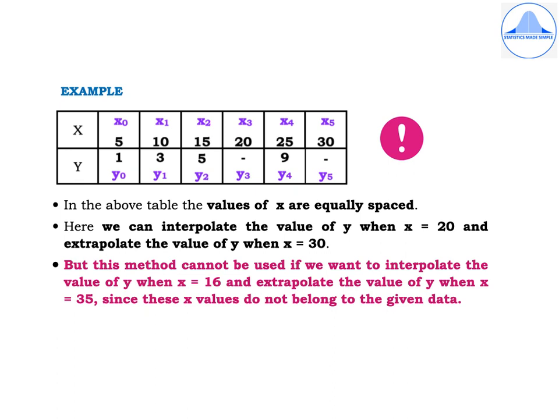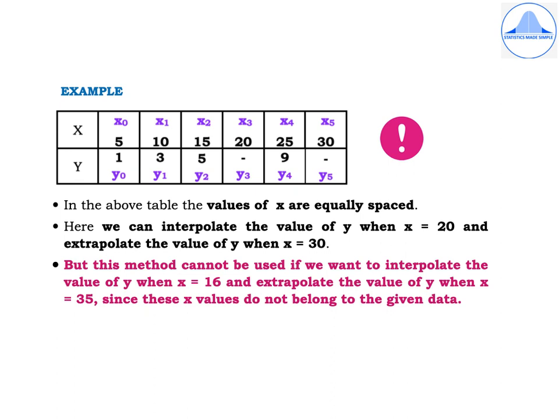Now if you observe, in the above table the values of x are equally spaced. The difference between the x values is 5 throughout. Second, here we can interpolate the value of y when x is equal to 20 and extrapolate the value of y when x is equal to 30, because both x equal to 20 and x equal to 30 lie in the given table.